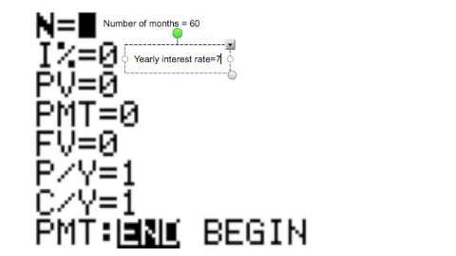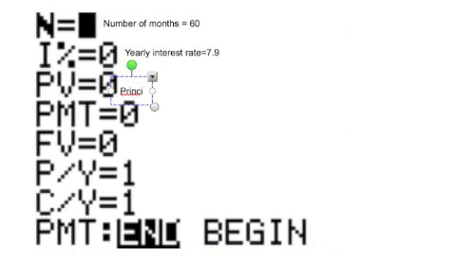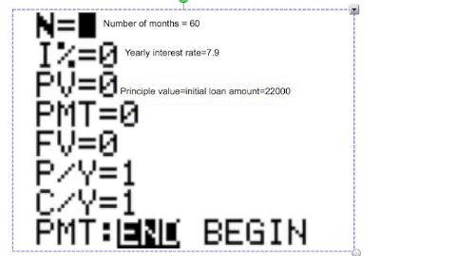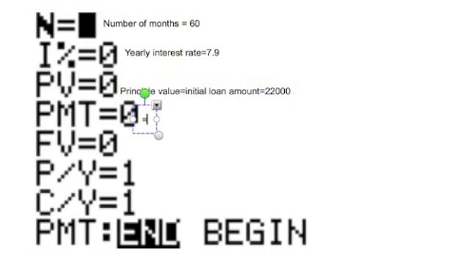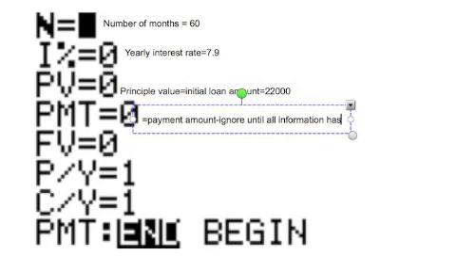Our yearly interest rate was 7.9%. So type in 7.9%. The PV stands for the principal value. That means your initial loan amount. In our particular example, it is $22,000. The PMT stands for the payment amount. We are going to ignore it until all information has been entered.